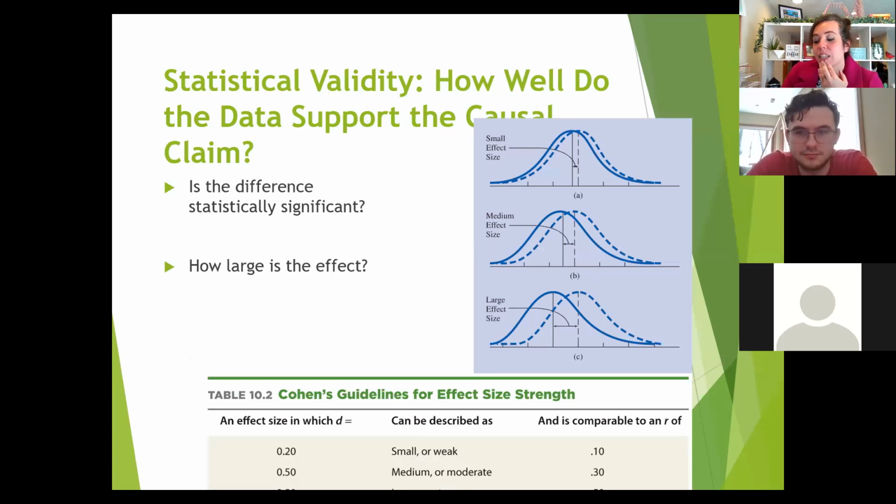Okay. Statistical validity, that's another one of the validity claims, right? So is there a difference that is statistically significant, meaning the results that we got were not due to chance, or the probability that they were due to chance was incredibly low?